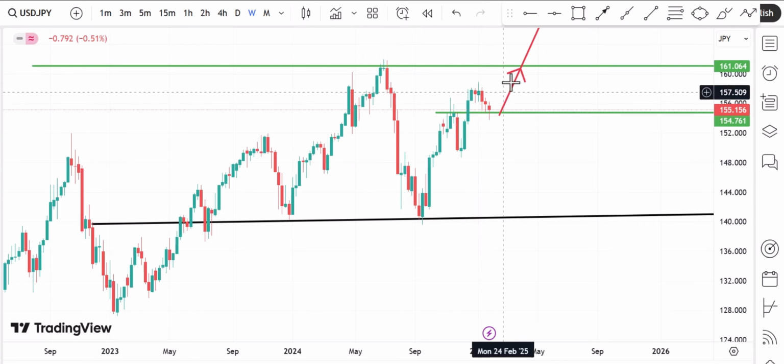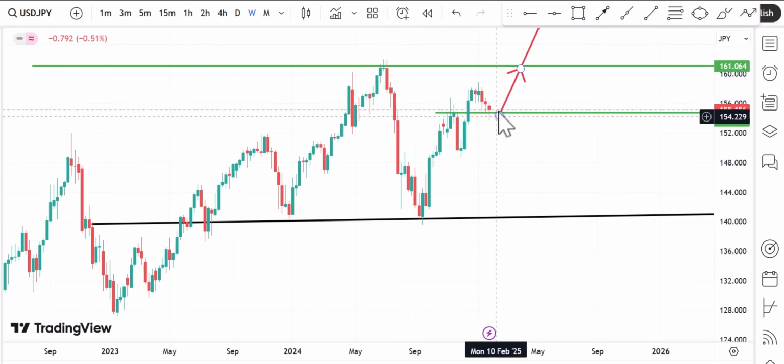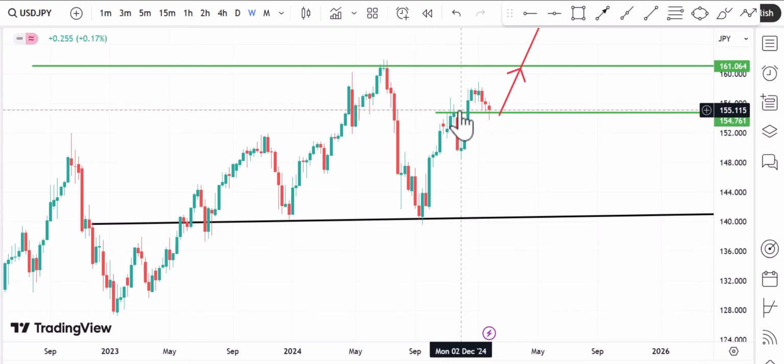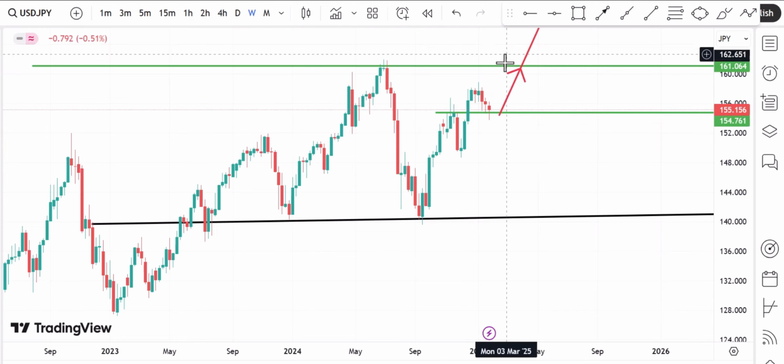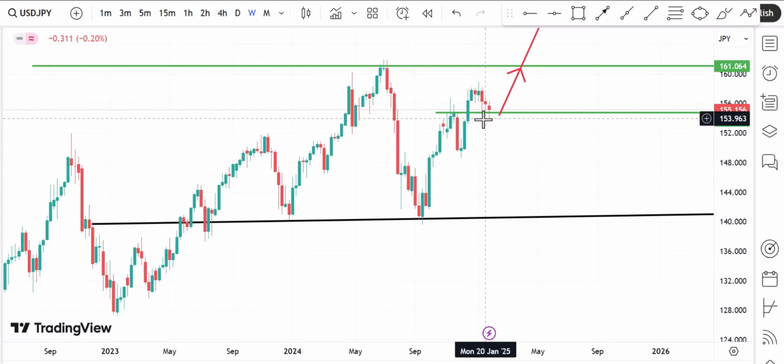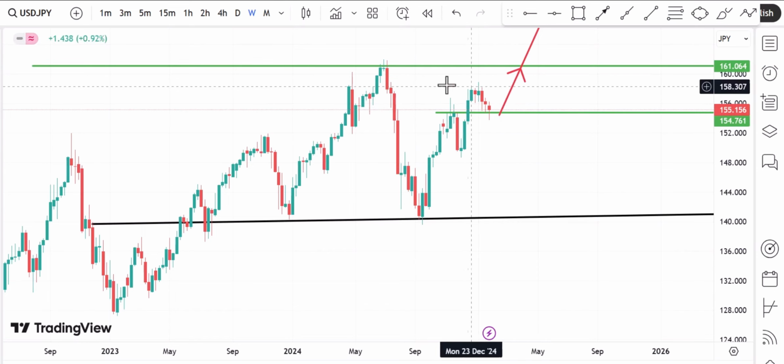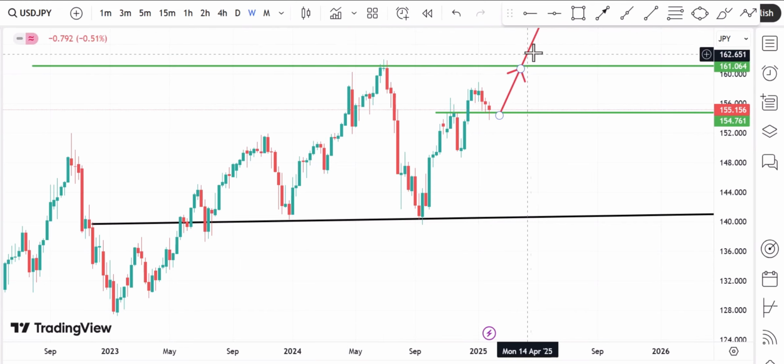We can see that this level might be respected, because look at the way last week's candlestick closed. That is the weekly candlestick. It's giving us a bullish reversal pattern, an indication that this might go up. So let's move to the daily time frame.